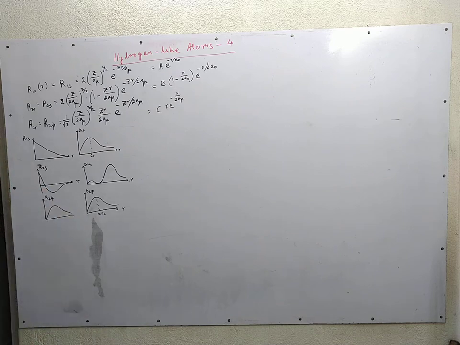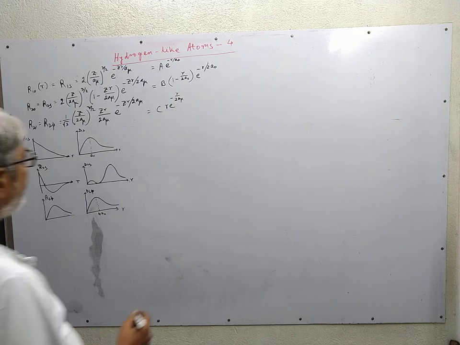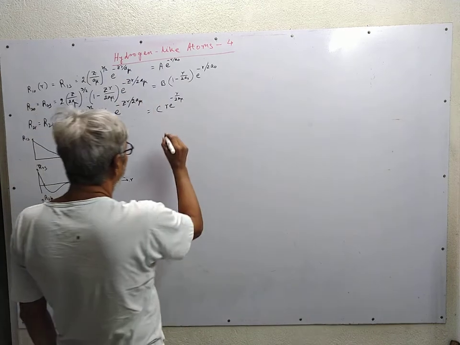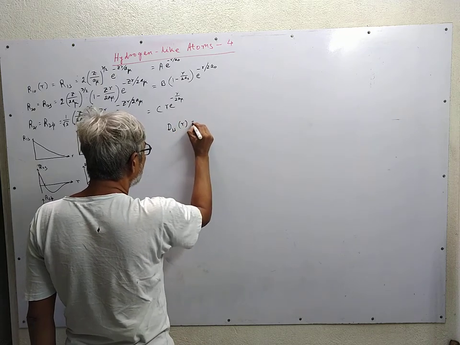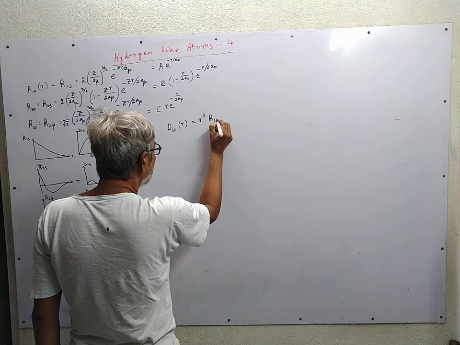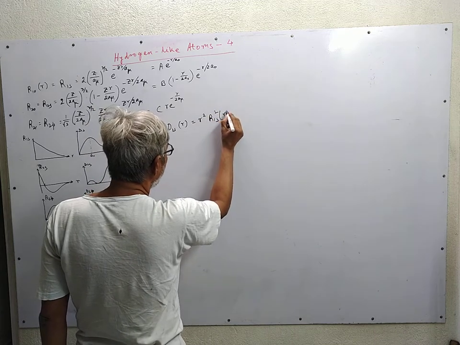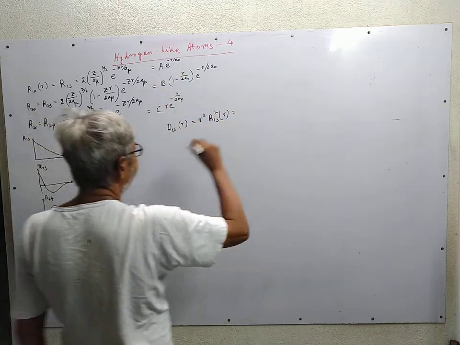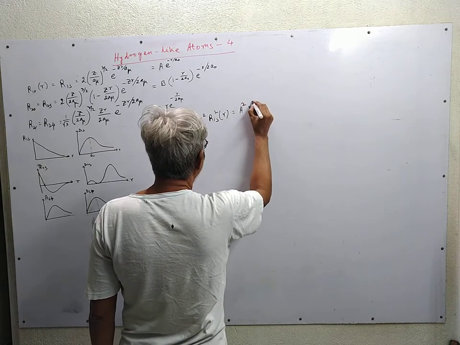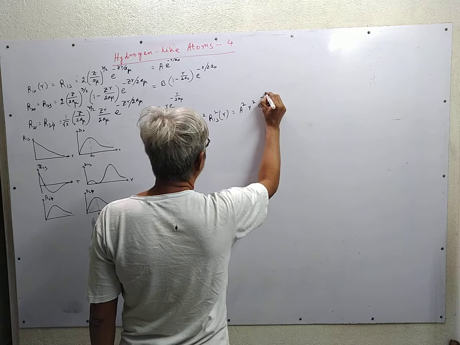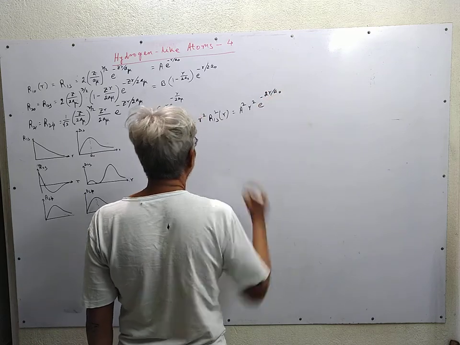These are the radial functions. We shall first consider the corresponding probability densities. D1s of r is equal to r square R1s square of r, which is A square r square e to the power minus twice r over a naught.